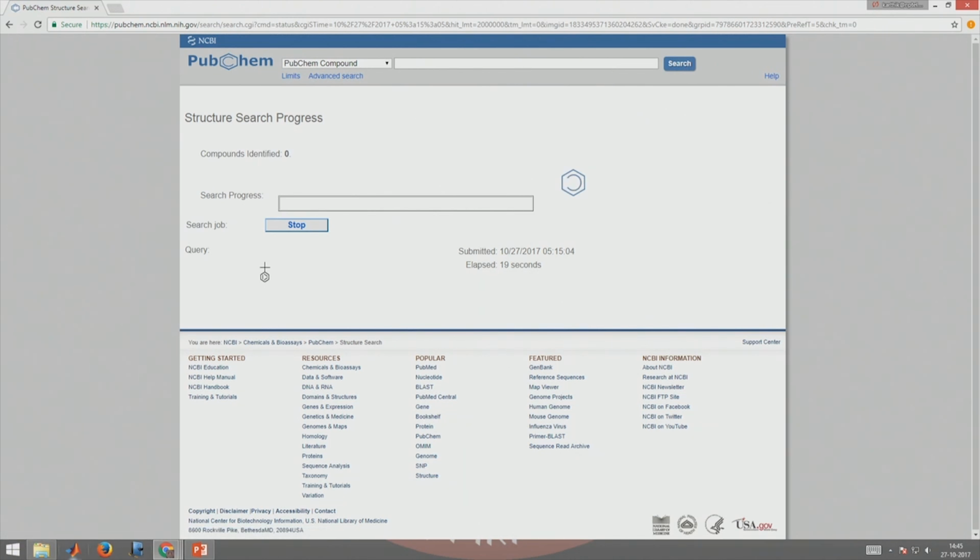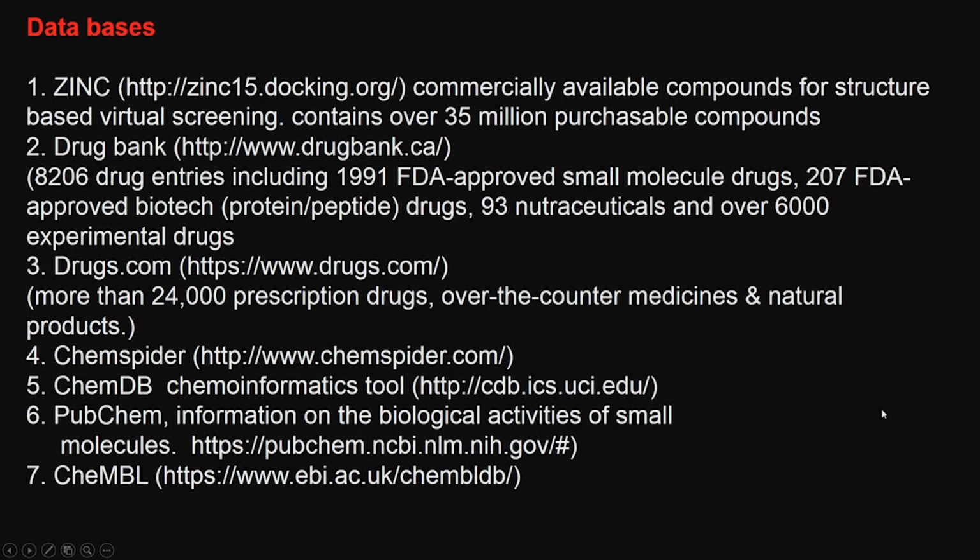You people can start playing with all these different databases available on the web. All these are very useful databases because they give you structures and a lot of properties which you can make use of for doing different types of calculations. Because we will not have enough time to go through each database in detail, I would suggest that you go through all these databases.